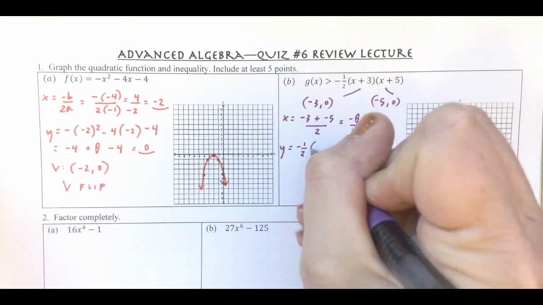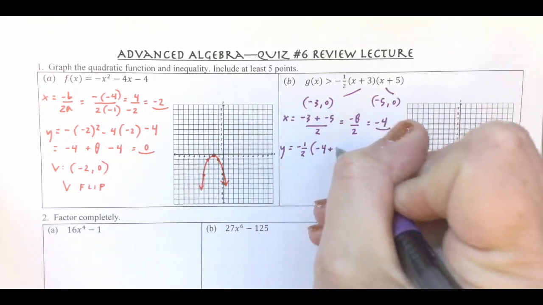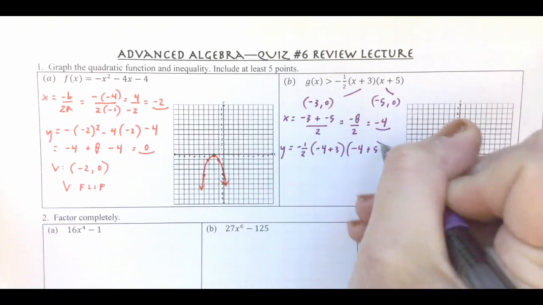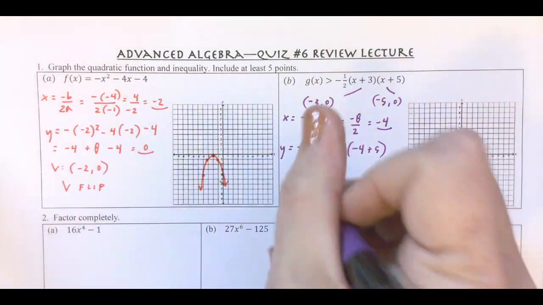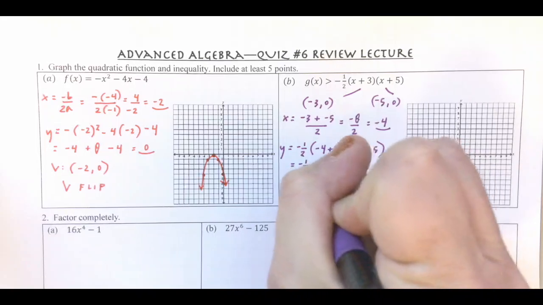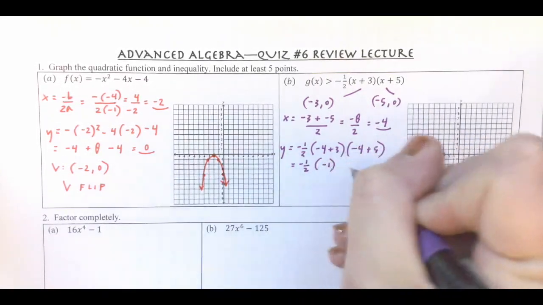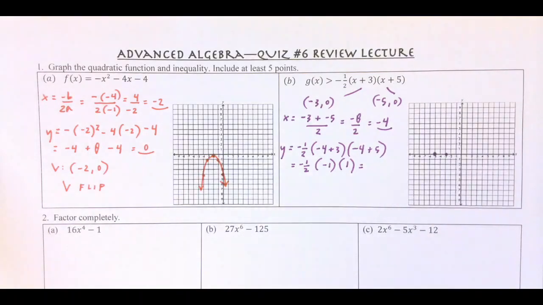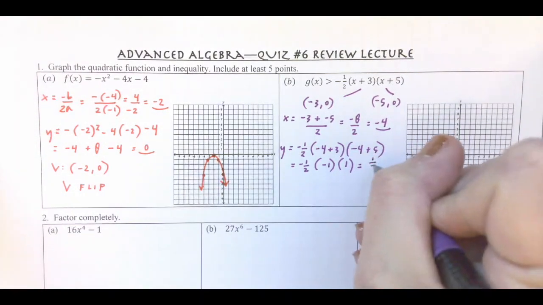So negative 1/2, negative 4 plus 3, negative 4 plus 5. So now negative 1/2 of negative 1 times positive 1 is going to get me 1/2.